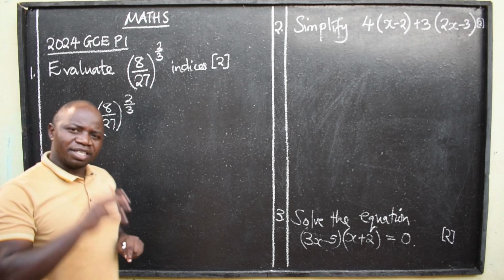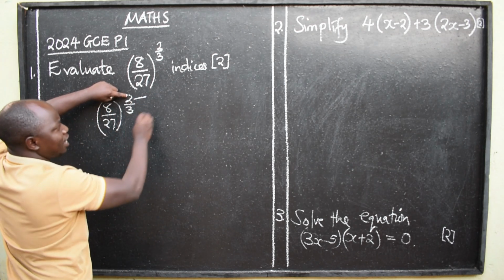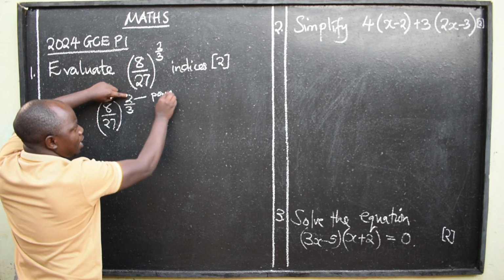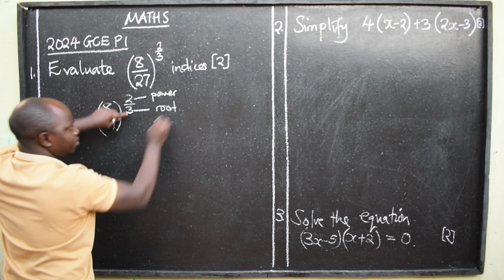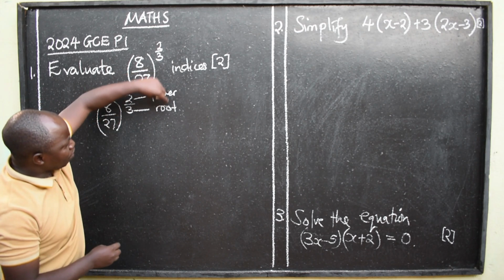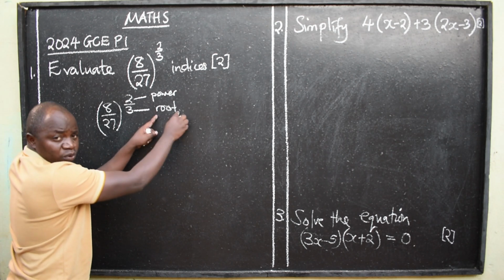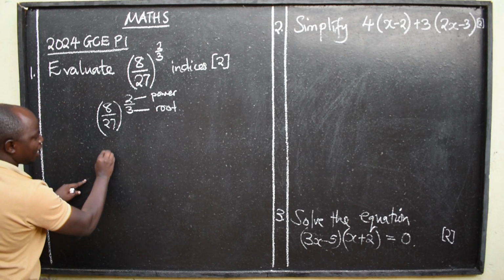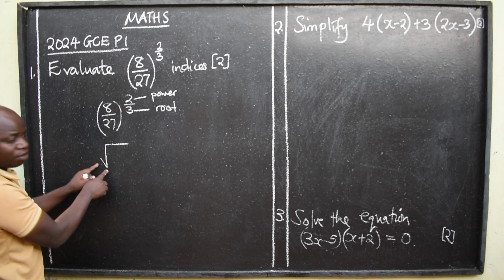So if the power is a fraction, you should know that the numerator is the power and the denominator is the root. Once you have got these two words, power and root, this takes you to another step. This is the root.